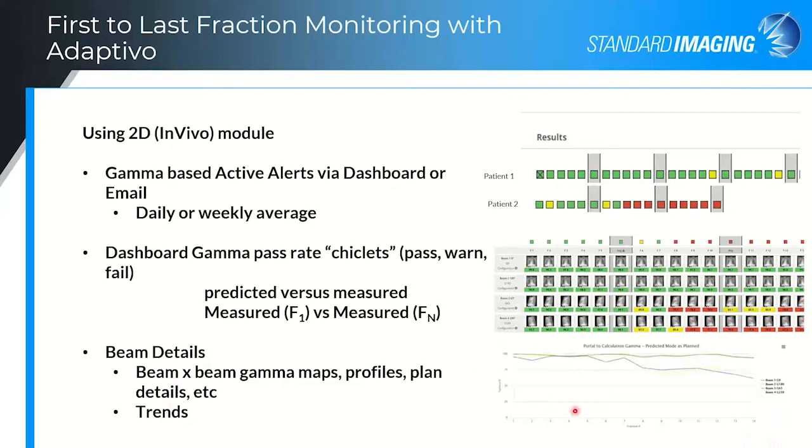And I'm showing some of the trending information here. For example, this corresponds to the dashboard and plan results shown above. And you can see here for beams 3 and 4, the decrease in the trending.